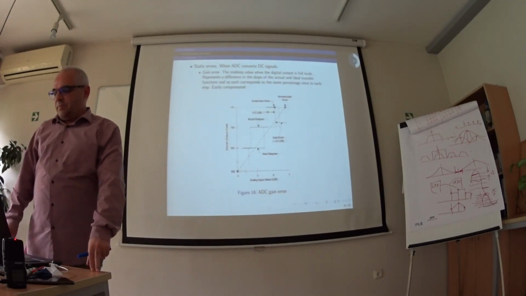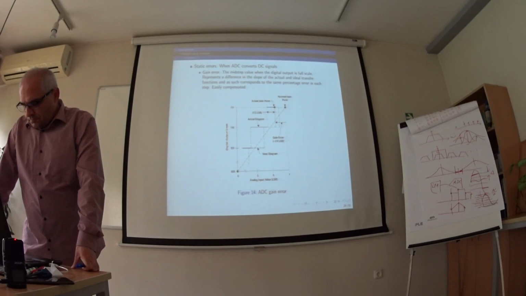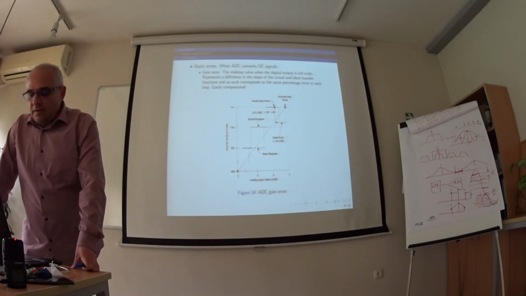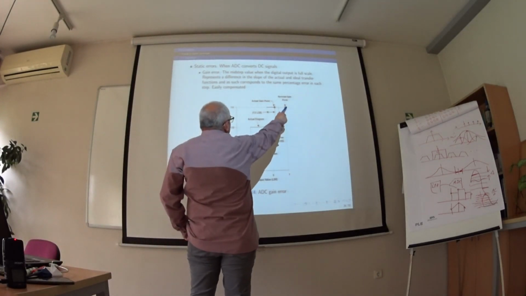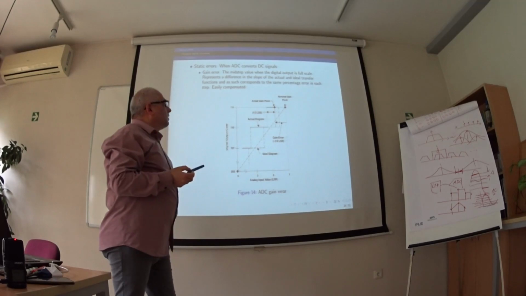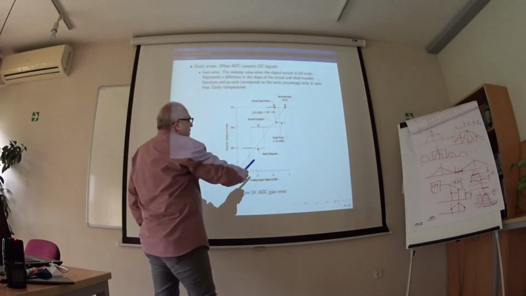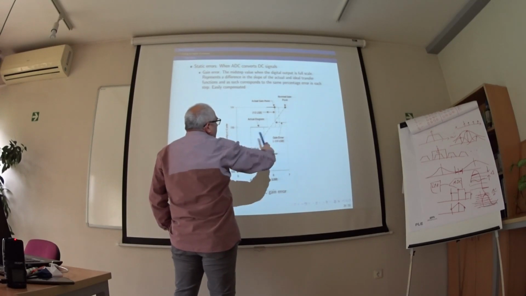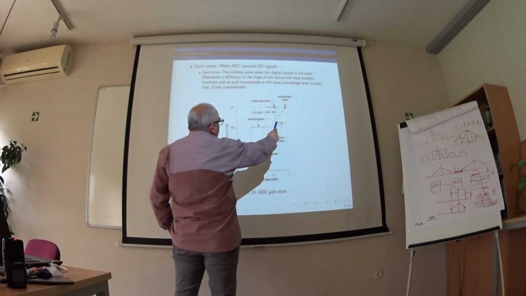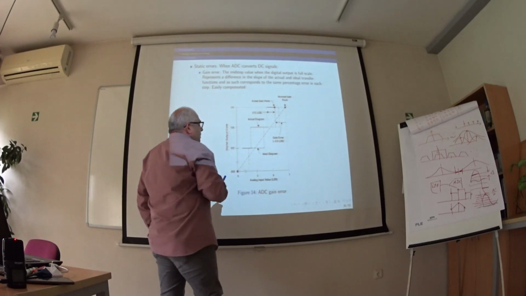The next type of non-ideality is the gain error. The gain error is measured at the endpoint. We have the nominal gain point and the actual gain point, and in this example we have the gain error here.